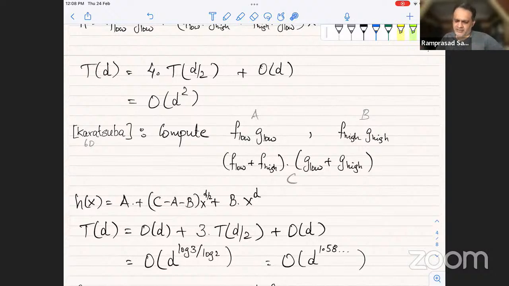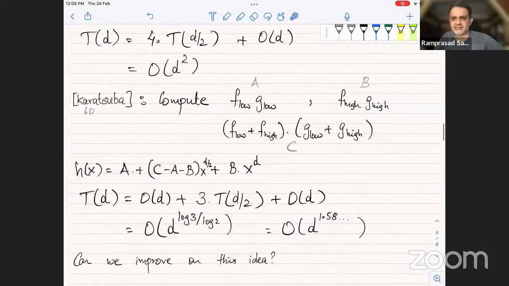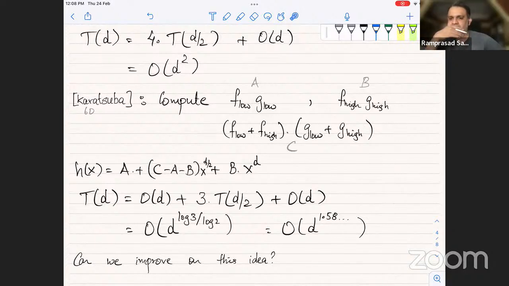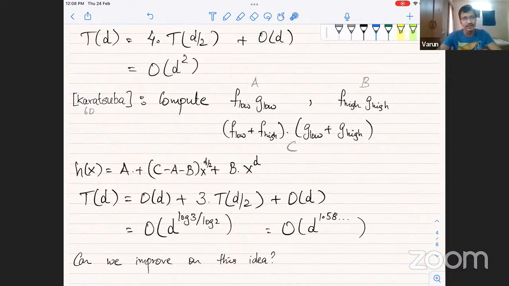But we shouldn't be satisfied with this. We should ask, can we improve on this? Before that, this is still divide and conquer, but with some clever computation, you could get from d squared to d to the 1.5. Is there some way to say divide and conquer can't give you better than this?